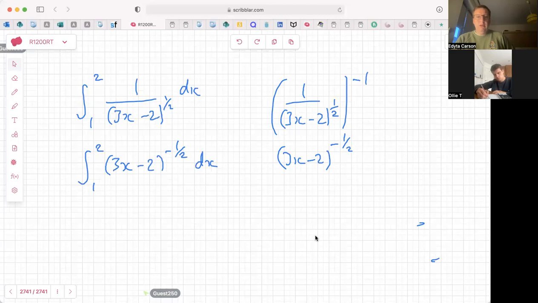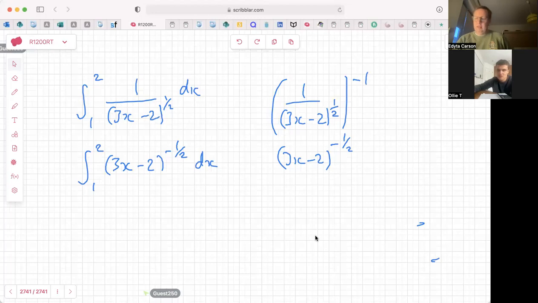Okay, so now what? Now we've got, this is still a composite function, brackets. Now we want to try and do something with the power, kind of like separate it.